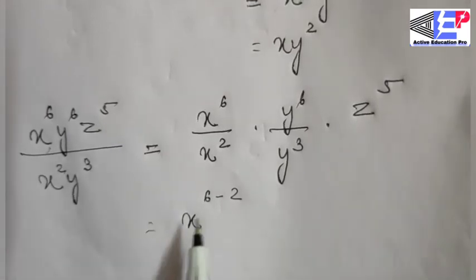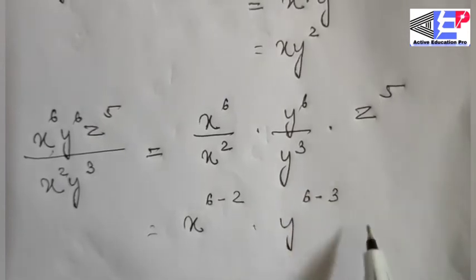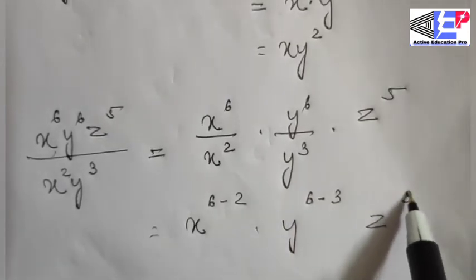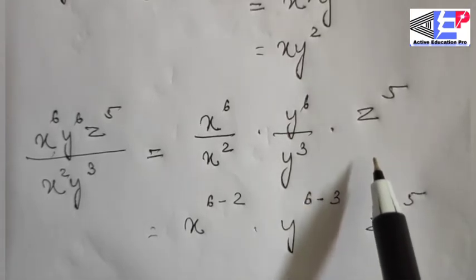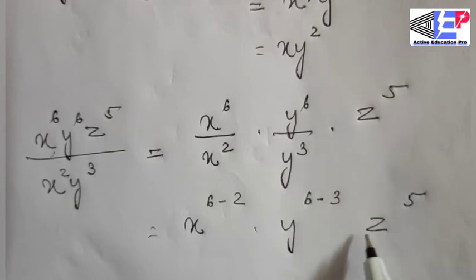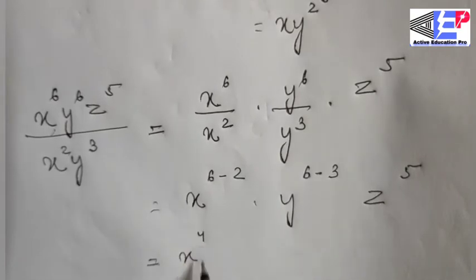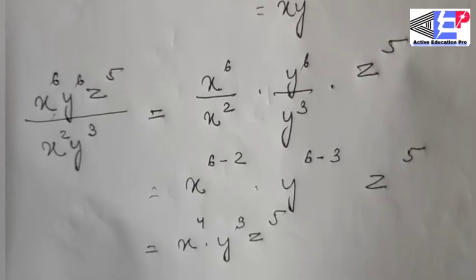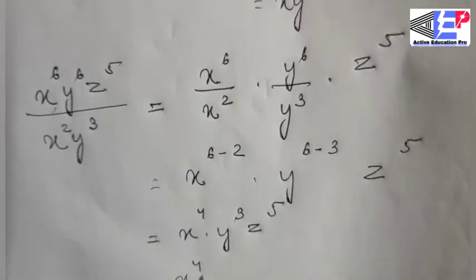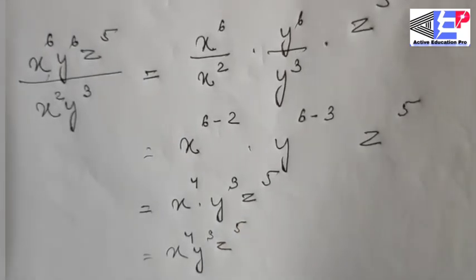X to the power 6 minus 2 into y to the power 6 minus 3, and simply write z to the power 5, because there are no terms consisting of variable z in the denominator. Then your answer will be x to the power 4, y to the power 3, z to the power 5. It is your answer.